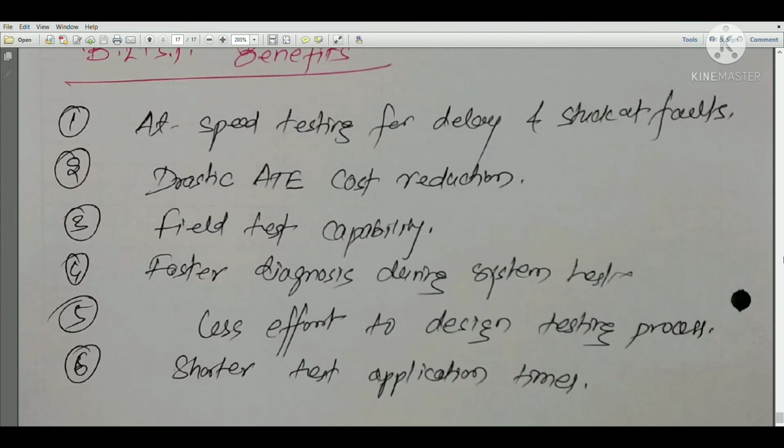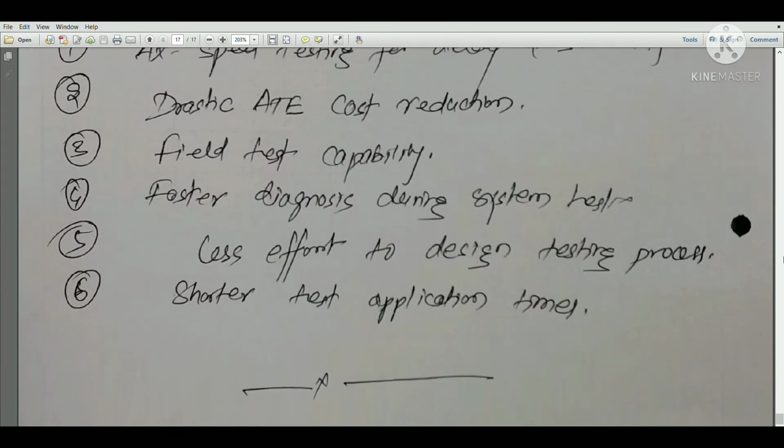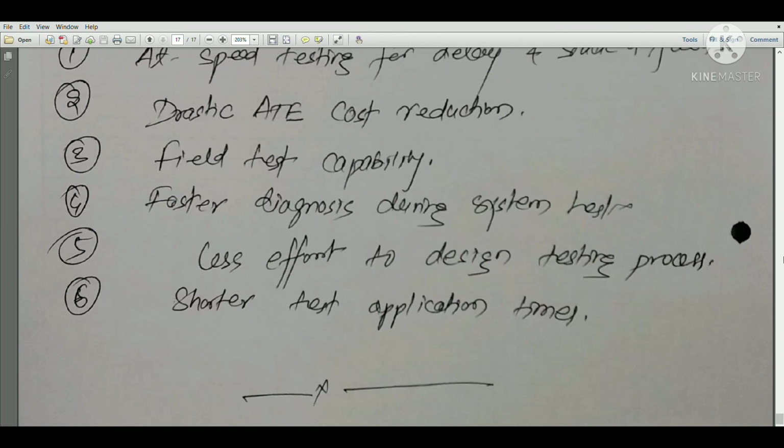Fourth is faster diagnosis during the test system. Fifth is less effort to design the testing process. Sixth is shorter test application times. Why less effort? Because we are following some algorithm. And shorter test application times, yes, obviously, because again we are following the polynomial terminology and algorithm, so we have shorter test application times.